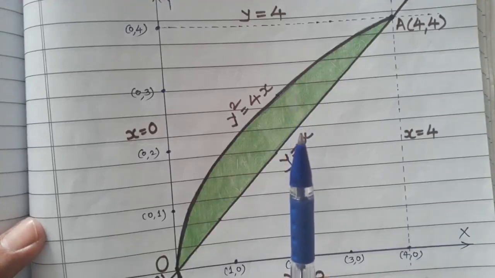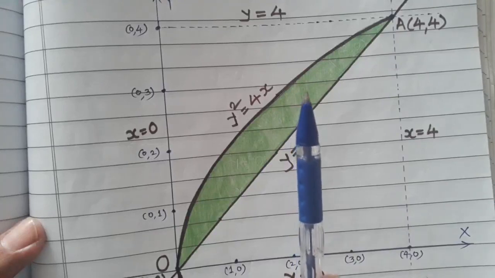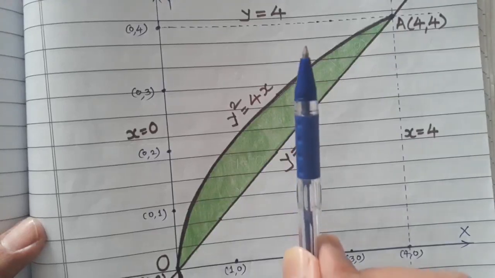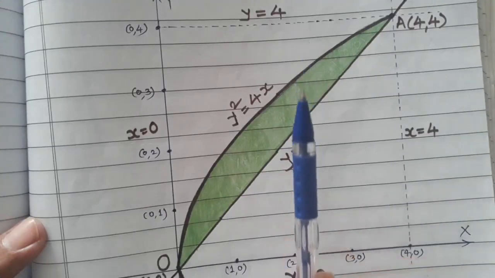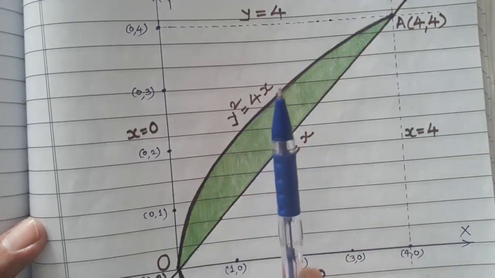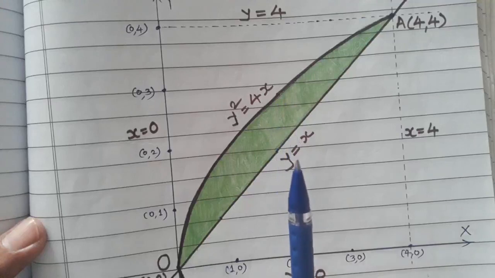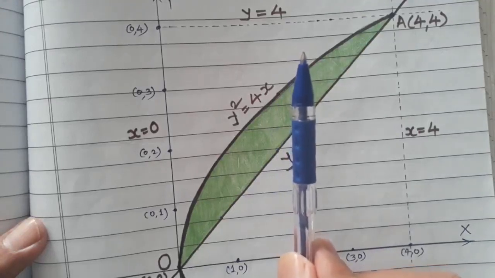So the lower limit of y is y equal to x, and to go out through this color we have to break the wall y square is equal to 4x. From that y is equal to root of 4x, that means 2 root of x. So the lower limit is y is equal to x, the upper limit is y is equal to 2 root of x.